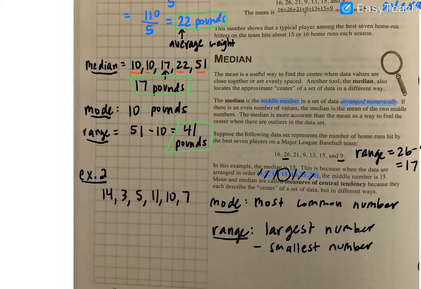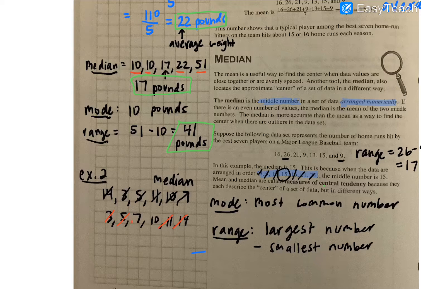Okay, so remember to find the median, I need to put them in order from least to greatest. So 3, sorry, that color's kind of hard to see. All right, 3, 5, 7, 10, 11, and 14.